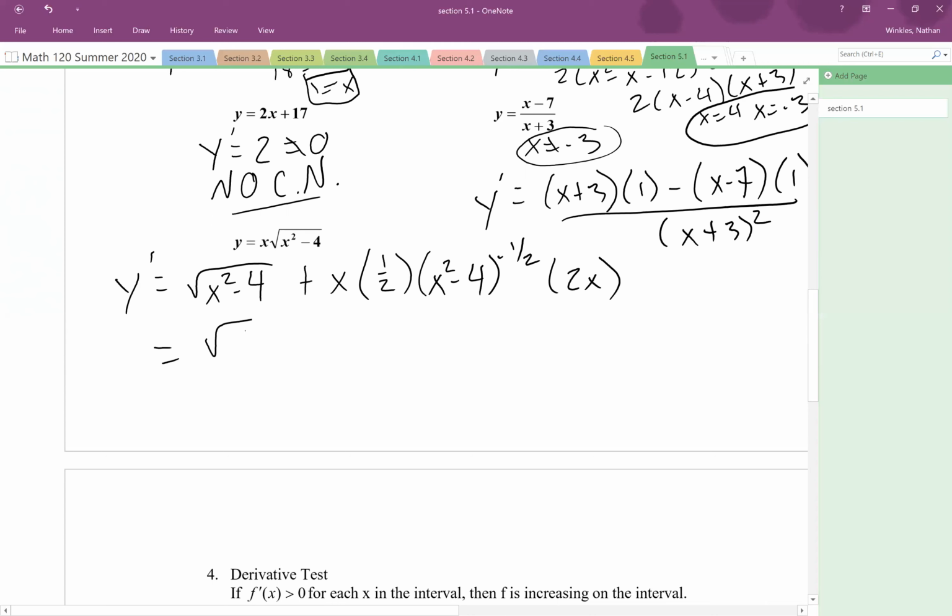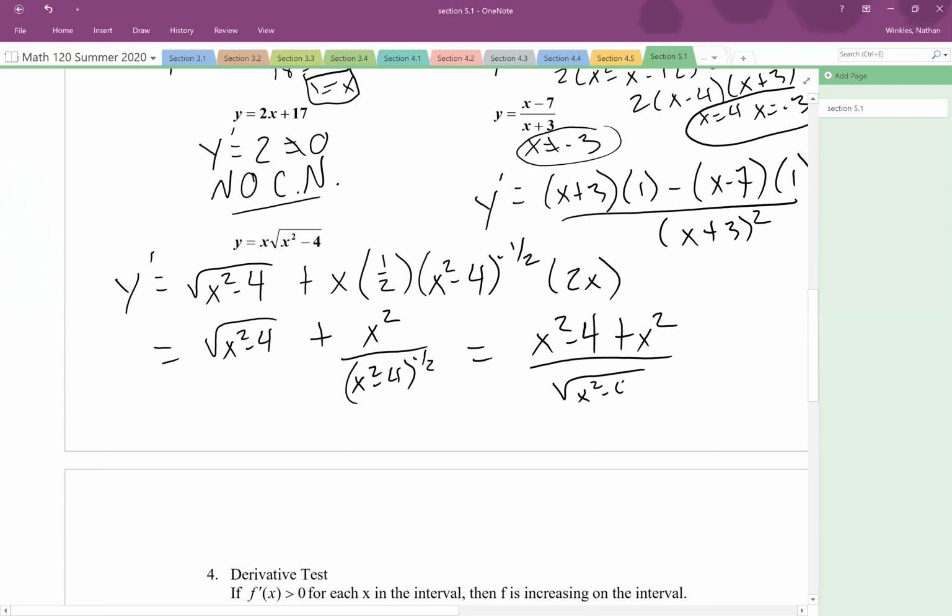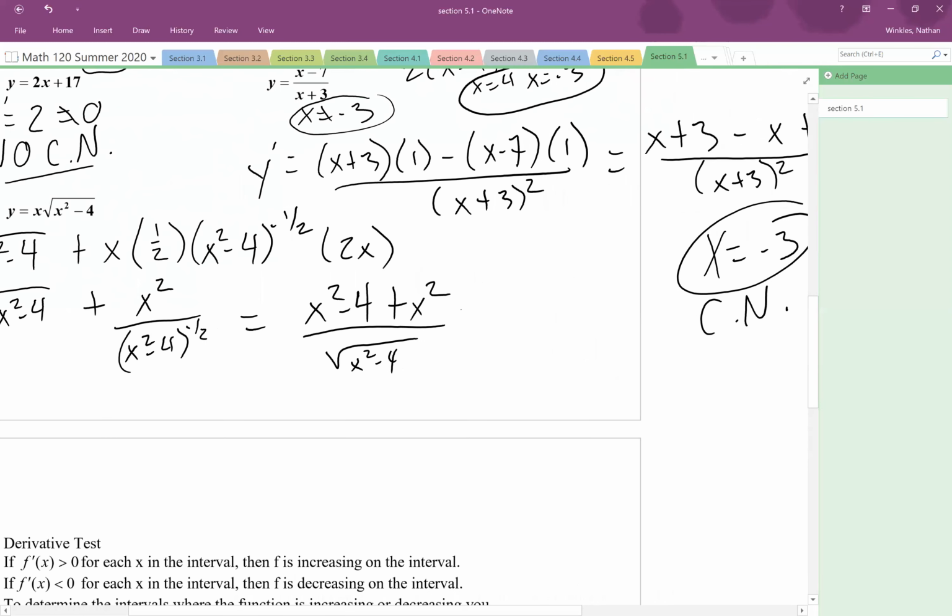So we're going to have the square root of x squared minus 4 plus x squared over (x squared minus 4) to the 1/2. Simplifying, we get x squared minus 4 plus x squared over the square root of x squared minus 4, which is equal to 2x squared minus 4 over the square root of x squared minus 4.